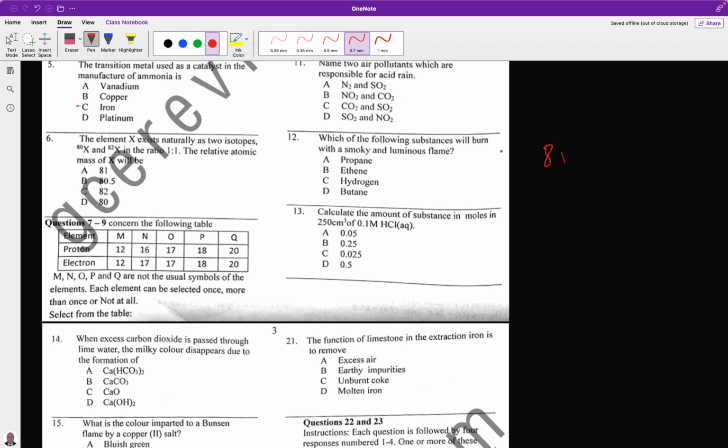The relative atomic mass of X will be 80 times 1 plus 82 times 1, divided by 2, sorry.